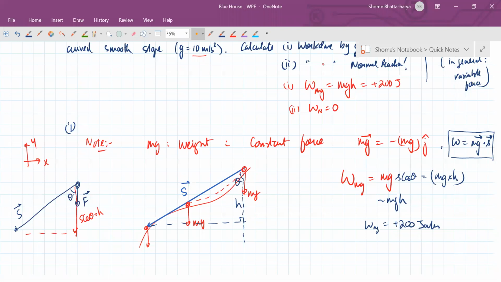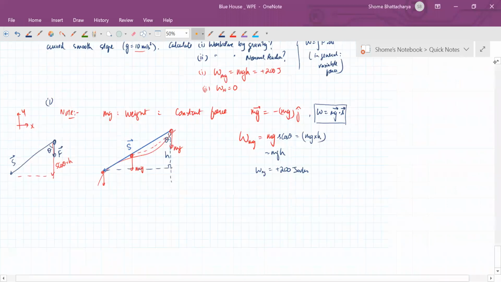Okay. So Anay, you have understood now why we got it as mgh finally? It's from that interpretation: force into projection of displacement along the force. The projection of displacement along gravity is the vertically downward displacement, which is h. So you don't even need to do all this calculation. Once you are clear with the interpretation, you can see that gravity is acting vertically downwards.